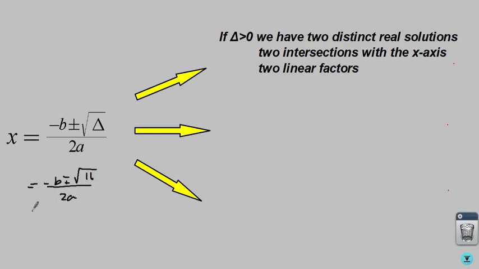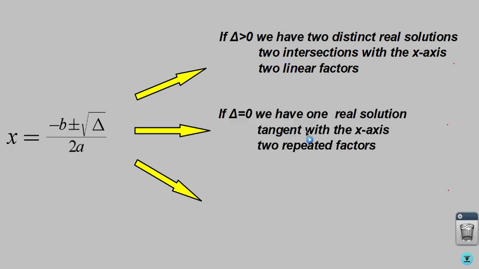The square root of 16 is 4, so x is negative b plus or minus 4 divided by 2a, and hence you have two solutions, one for negative b plus 4 divided by 2a, and the other for negative b minus 4 divided by 2a. So this is the reason that when the discriminant is greater than 0, we have two solutions, i.e. two intersections with the x-axis, i.e. two linear factors.